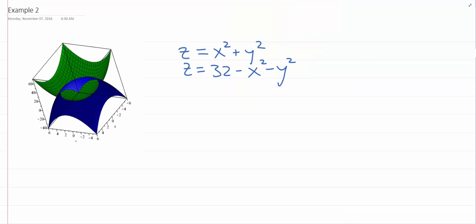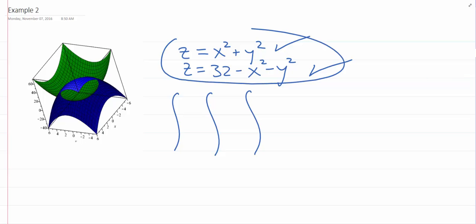First of all, we know if we're going to be using a triple integral, now remember, this is a paraboloid opening up. This is a paraboloid opening down, right? It crosses the z-axis at 32, and it opens down, and these two intersect in a circle. So the lower part of this solid is going to be x squared plus y squared.